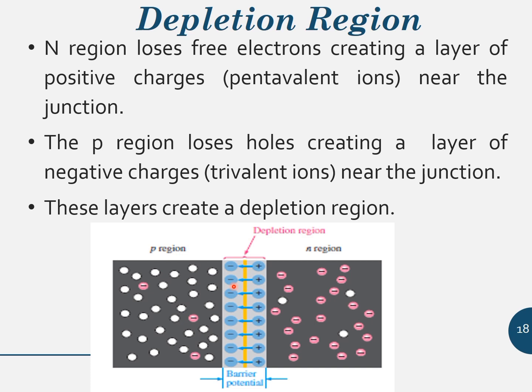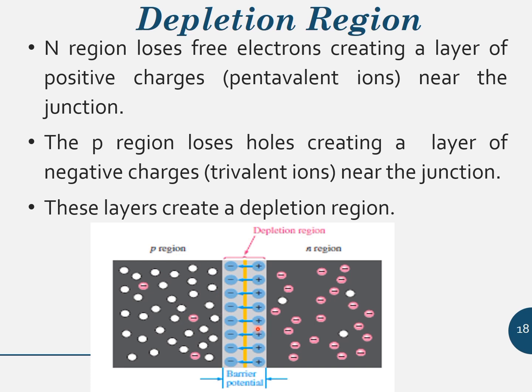As these free electrons continue to diffuse across the junction, more and more positive and negative charges are created near the p-n junction, forming the depletion region.